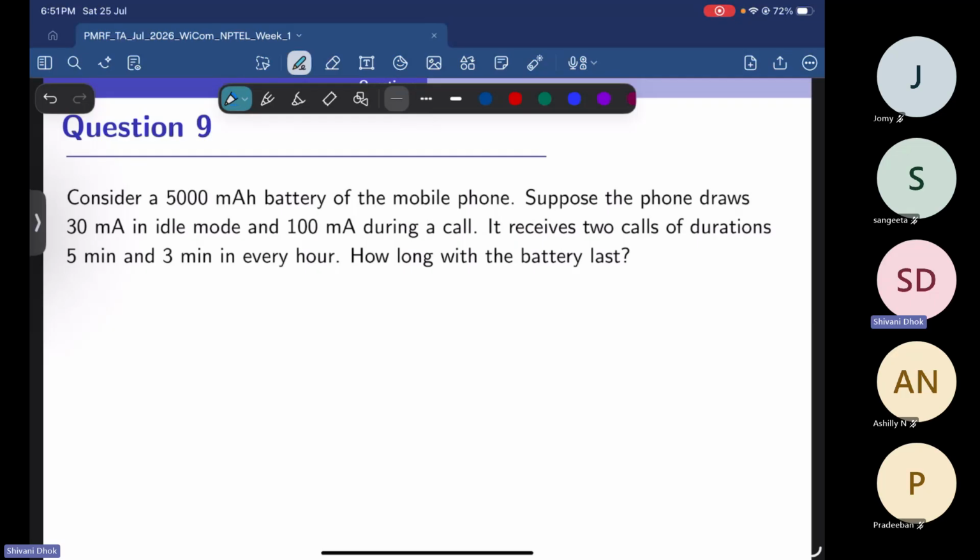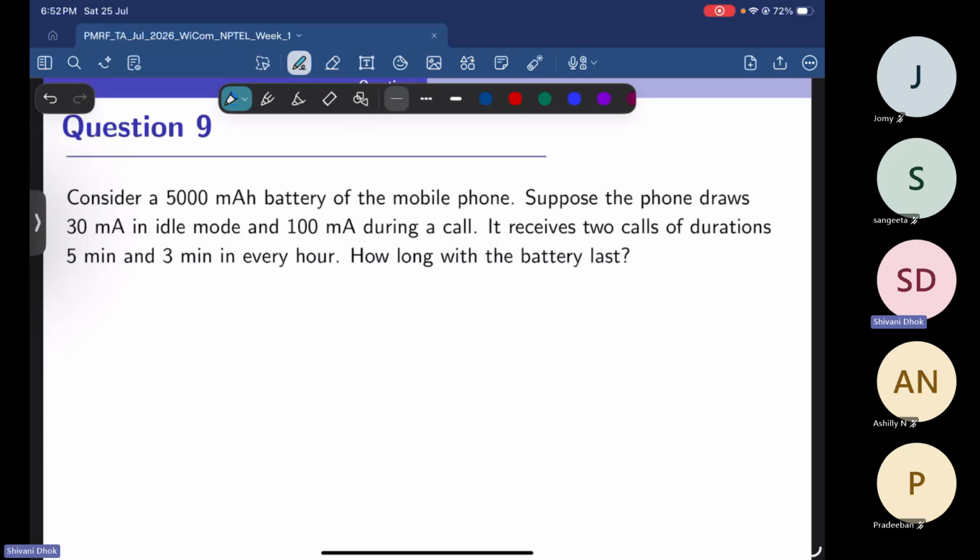What is given to us is, consider a 5000 milliampere hour battery of a mobile phone. Suppose the phone draws 30 milliamperes in idle mode, when there is no call, and when you get a call, the phone draws around 100 milliamperes of current.